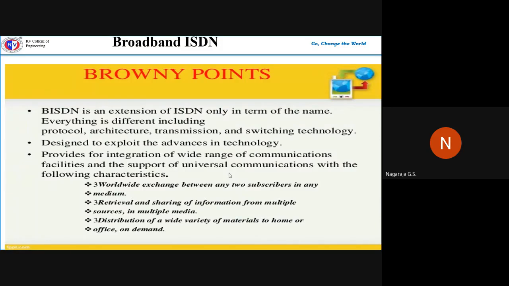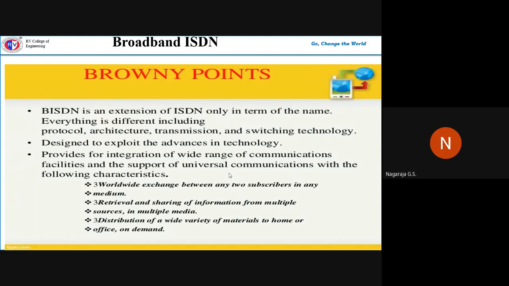Everything is different, including protocol, architecture, transmission, and switching technology. When we are talking about the implementation of these technologies, you always have to understand these key points, terminologies. What kind of protocols does this particular technology use?